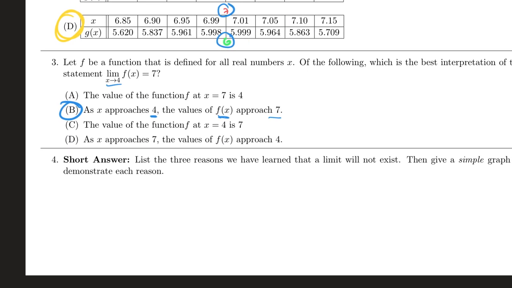And the 3 reasons why a limit won't exist. We have jumps. For our function, it looks like that. We have a jump when the two one-sided limits don't agree. We have asymptotes, which is basically just like an infinite jump. It's going to infinity, something like that.